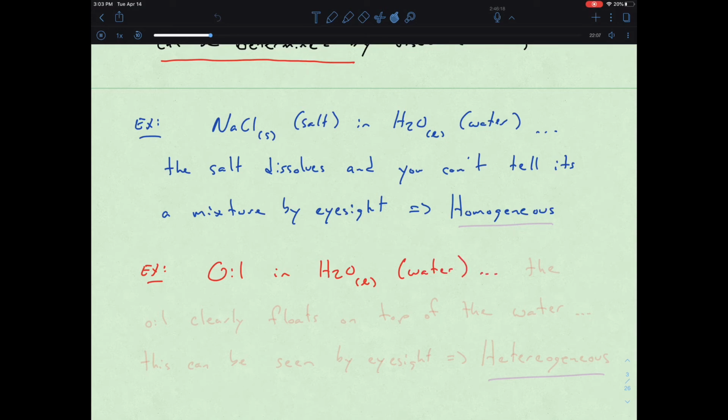I know that we're not maybe up to speed with oils and hydrocarbons and forces of attraction or anything like that, but with oil and water, the oil clearly floats on top of the water.